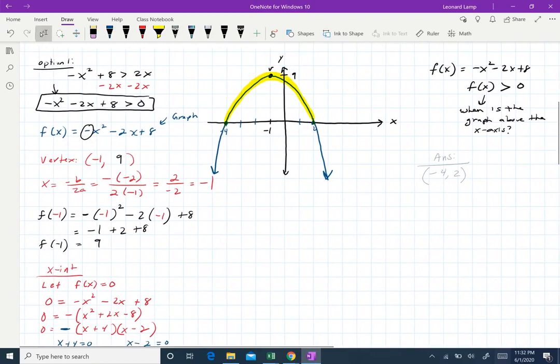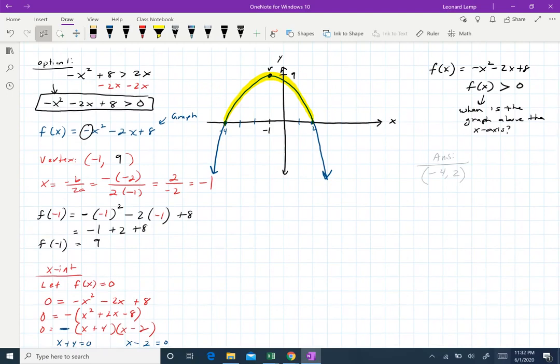All we did was get one side with a 0, graph it, and look back at the original question. If it's greater than 0, it just means when is it above the x-axis. If I flip this sign, like if it was less than 0, then it would ask me when is it below the x-axis.